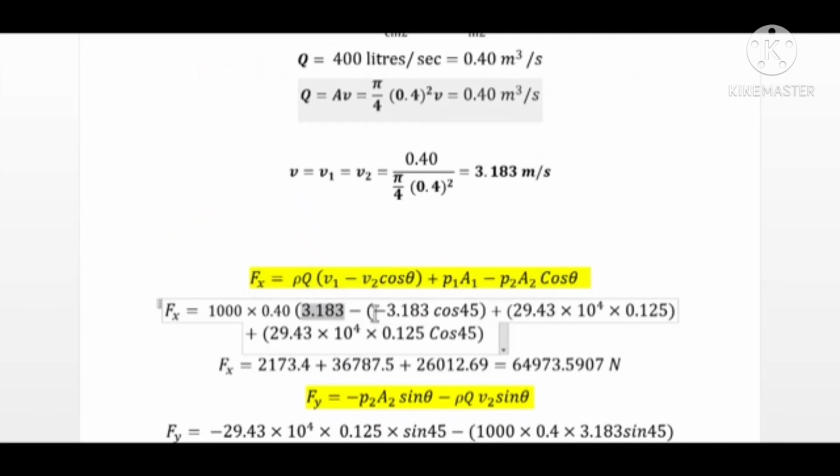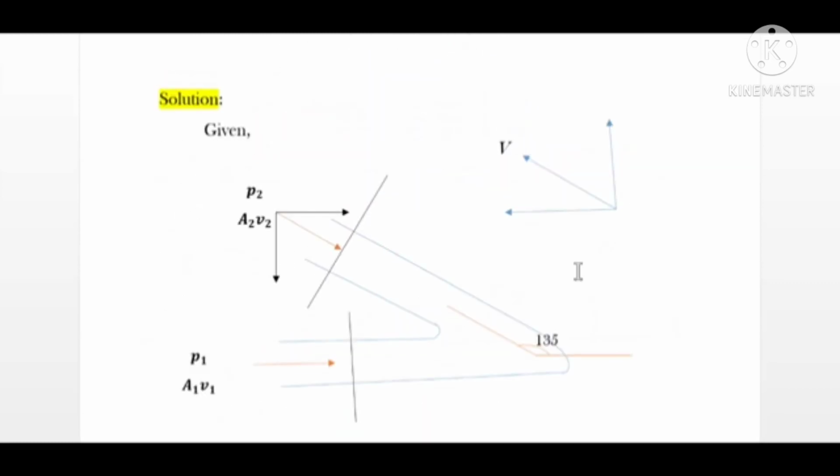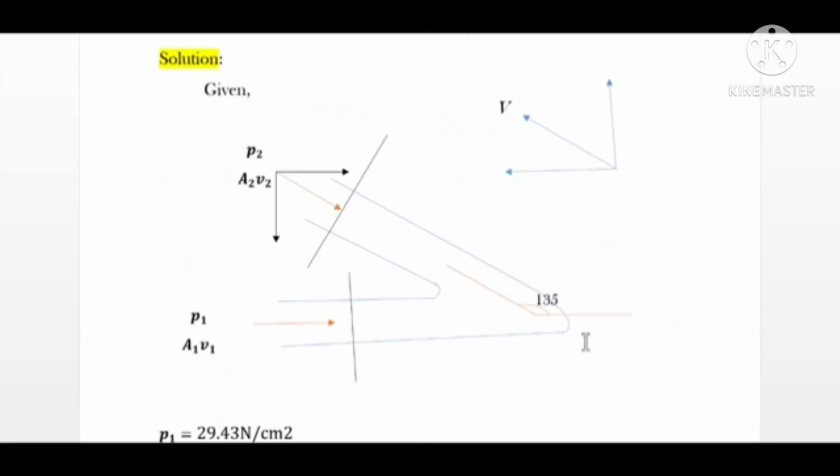Now why have I written it as minus 3.183 cos 45? See, because here the bend is at 135 degrees. That is, the direction of fluid flow is going across this direction. The direction of velocity will be this, and the component of velocity along x direction will be opposite to the direction of v1.